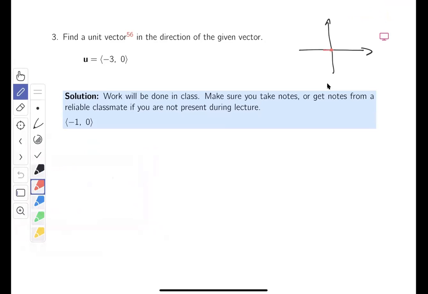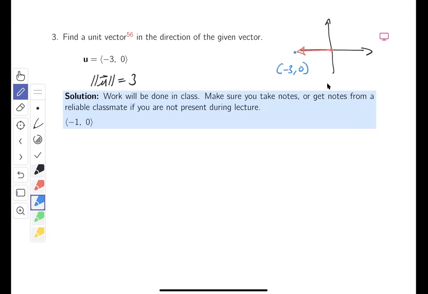Terminal point is going to be over here. And what's that point? This point over here is minus 3, 0. So the length of that vector is actually 3 units long. So the length of U is 3 units long. Now what they want to do is find a unit vector in the same direction.